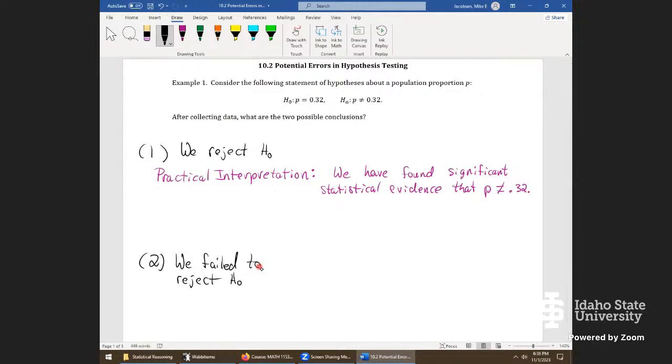If we say we failed to reject H naught, then our practical interpretation this time goes like this. Again, there's a huge temptation to try to talk about this statement, but we'll never say we found evidence that P equals 0.32.